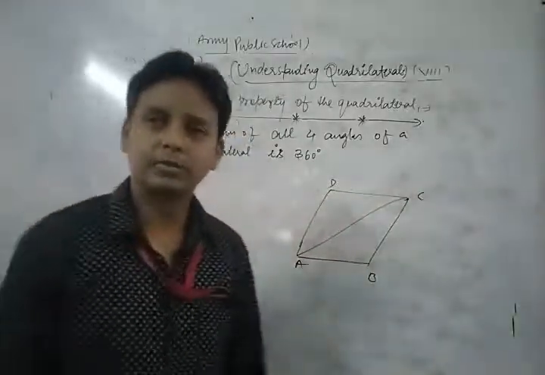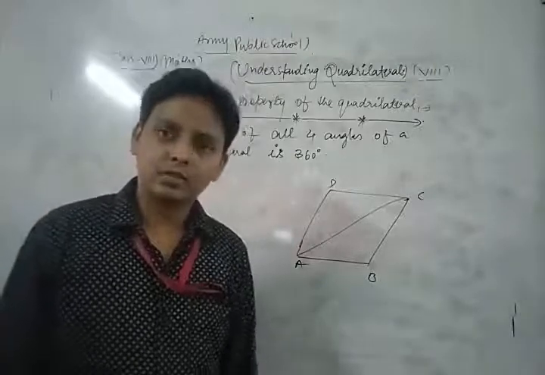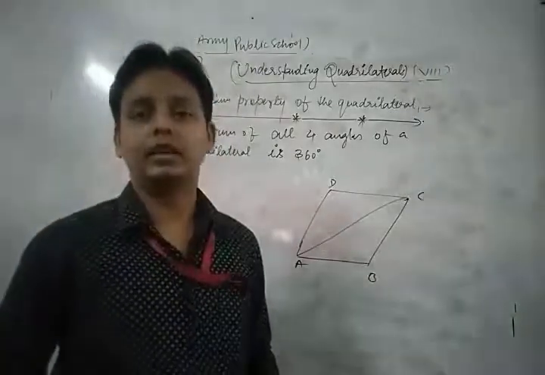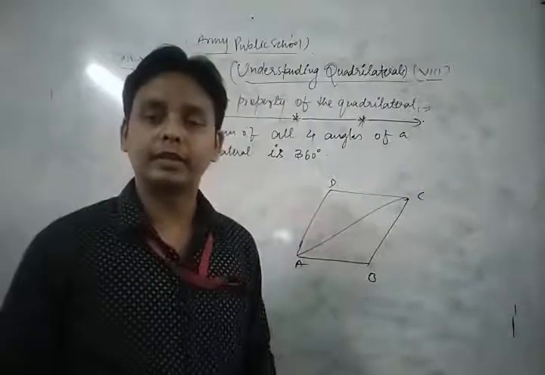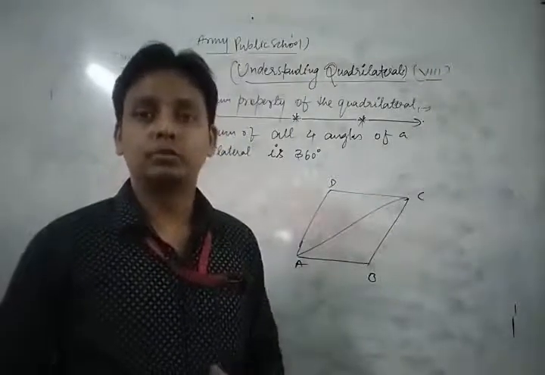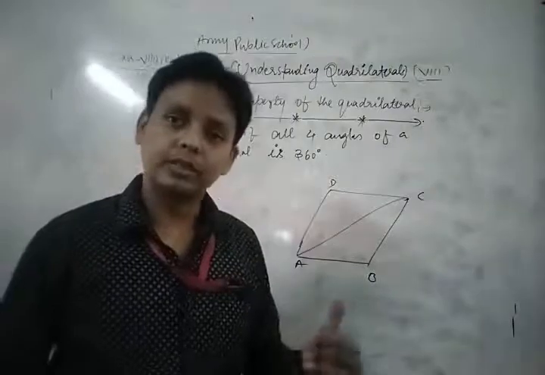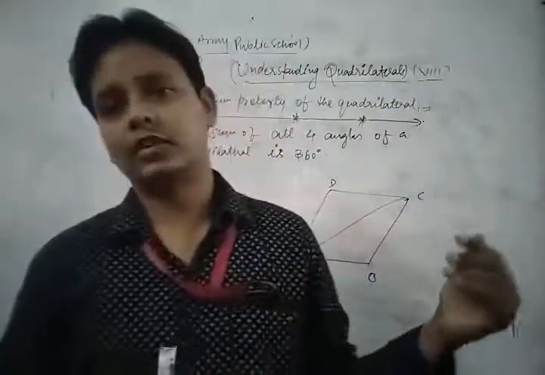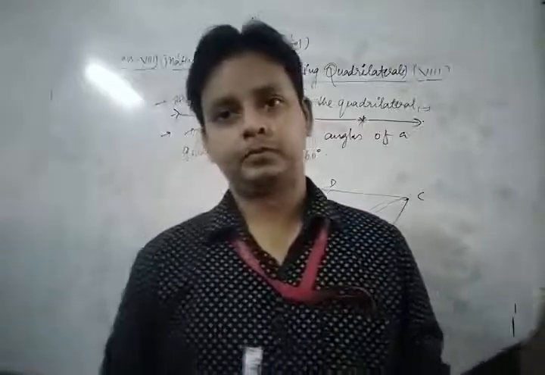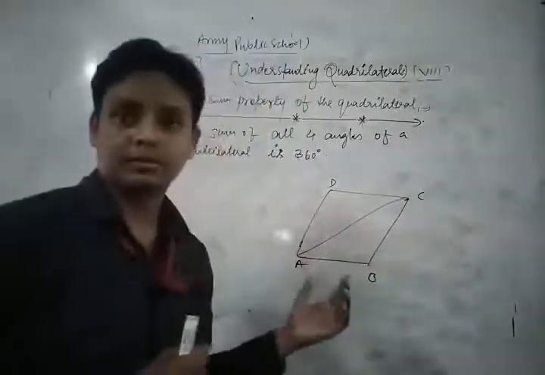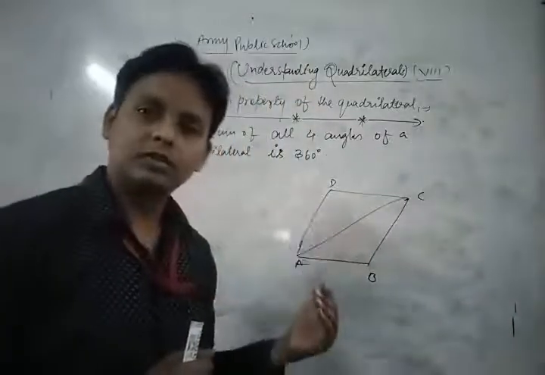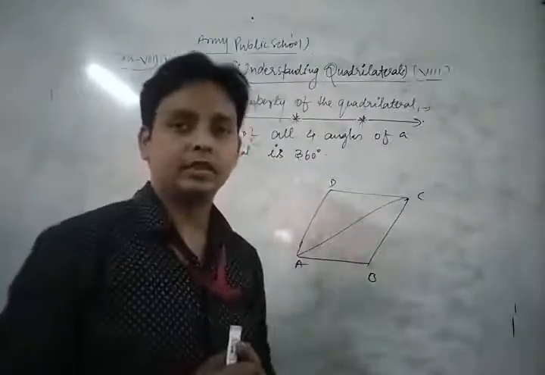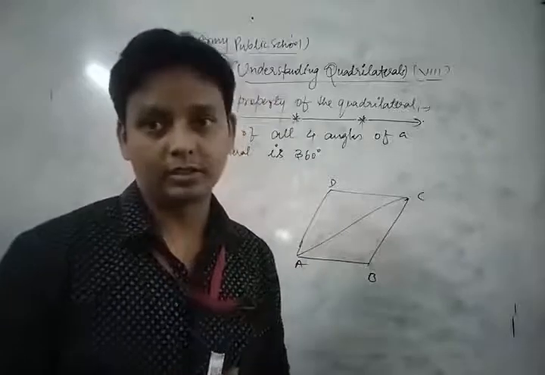And what is the concept of a diagonal? Dear students, a diagonal is a line segment obtained by joining two opposite vertices of a quadrilateral. Okay, so this is called what? Diagonal. A diagonal is a line segment joining the opposite vertices of the quadrilateral.